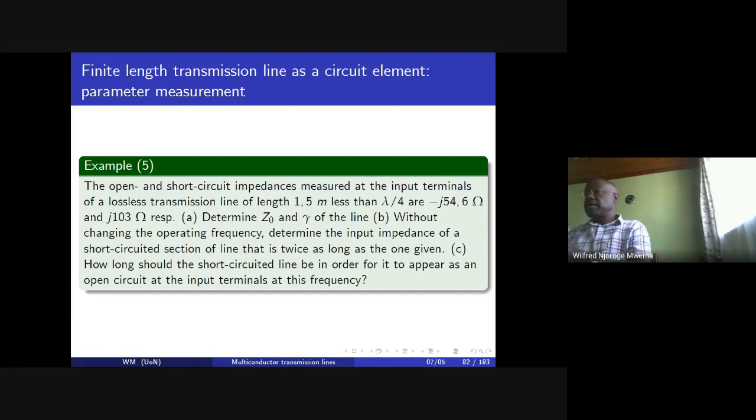Determine Z0 and gamma of the line, and without changing the operating frequency, that is the frequency you use for the measurement, therefore the lambda by 4, determine the input impedance of a short-circuited section of that line that will be twice as long as the one that we used to determine Z0 and gamma L, and see how long the short-circuited line should be in order that it appears as an open circuit at the input terminals at that frequency, that is the frequency of operation, our measurement signal.